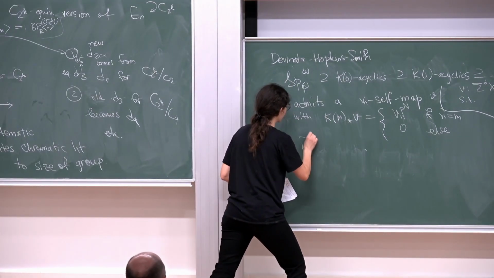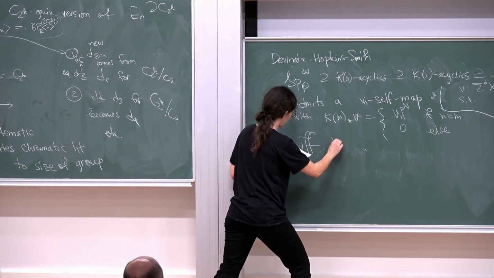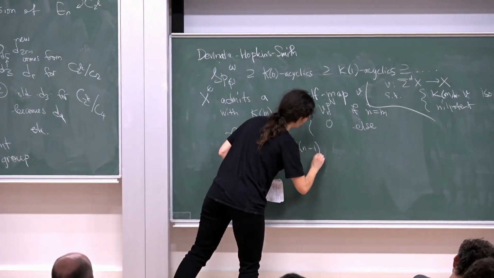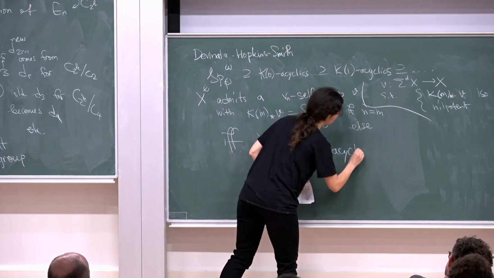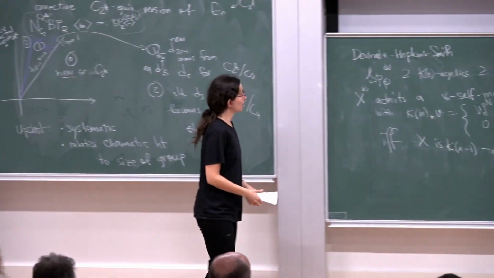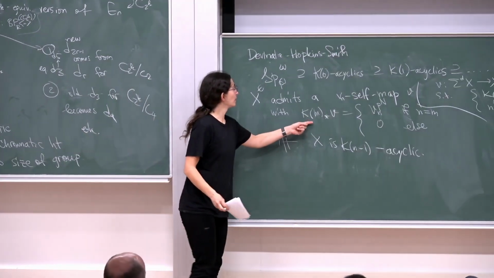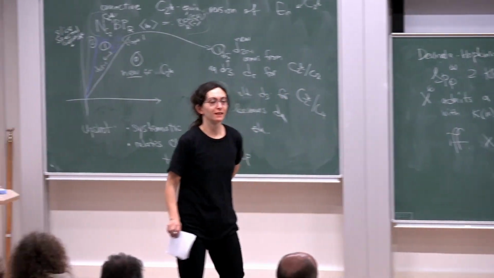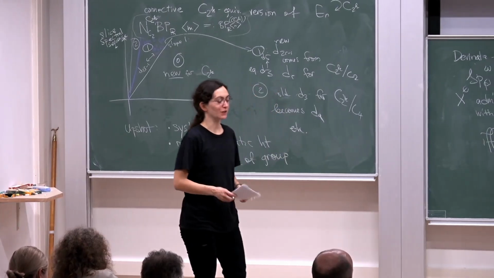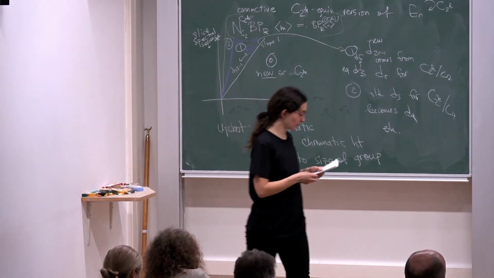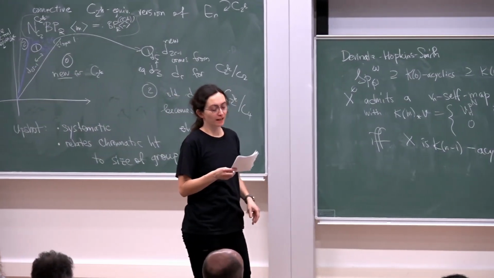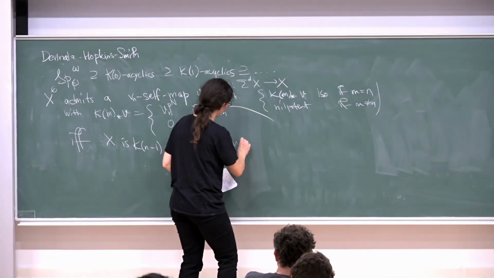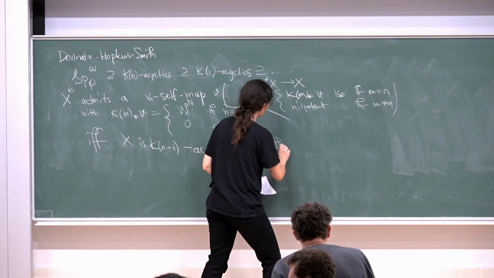That happens exactly when X is Kn-1 acyclic. For this to be interesting, X should be not Kn acyclic, otherwise there's a canonical isomorphism from 0 to 0.